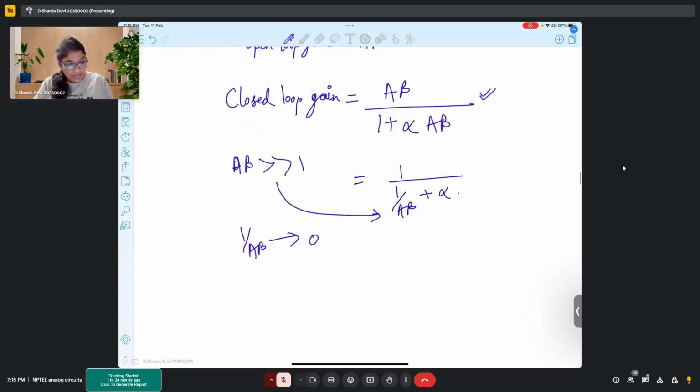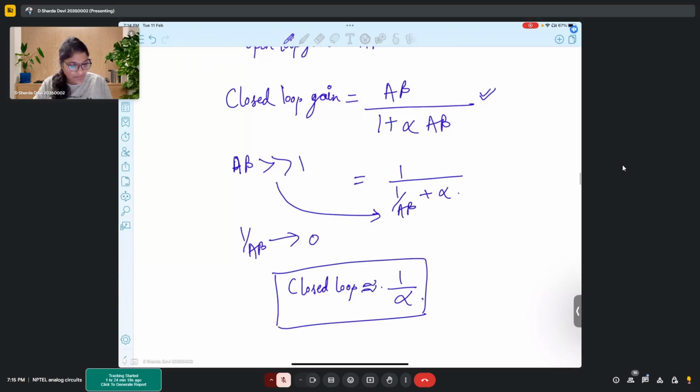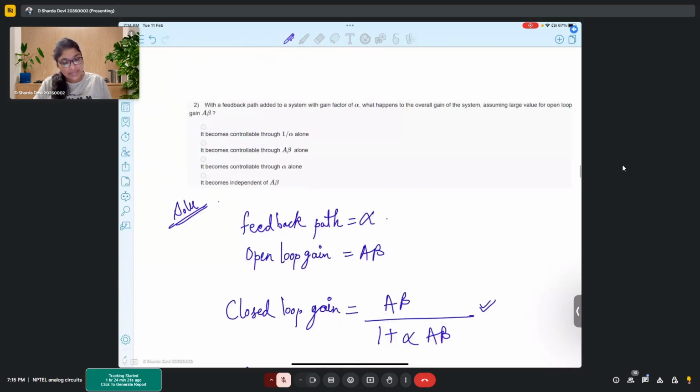So the closed loop gain becomes approximately 1 by alpha. Here it is asked that with this feedback being added, what happens to the overall gain of the system? It becomes controllable through 1 by alpha alone.